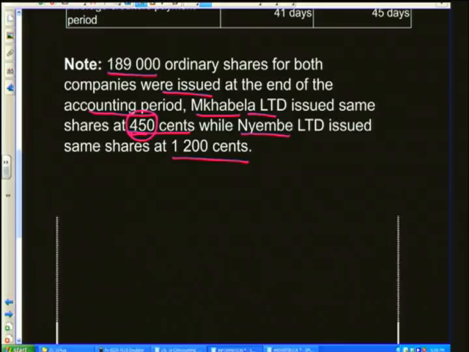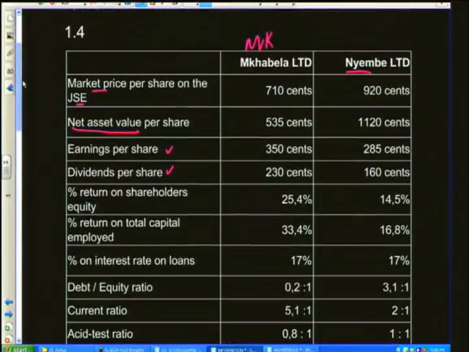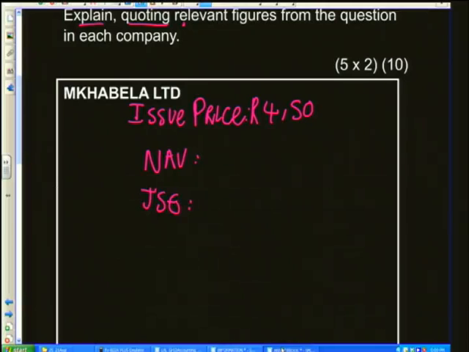So again, let's go back to our information. Right, there we go. The market price per share on the JSE for MK Limited is 7.10 Rand, while the net asset value per share for the same company is 5.35 Rand. So let's take that information again to our answer sheet. JSE 7.10 Rand.